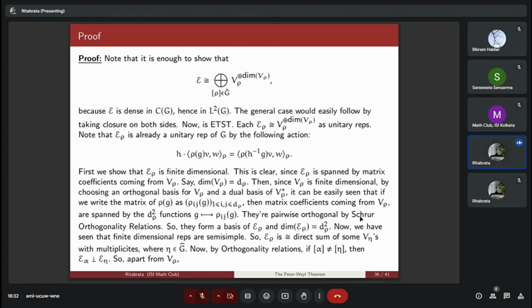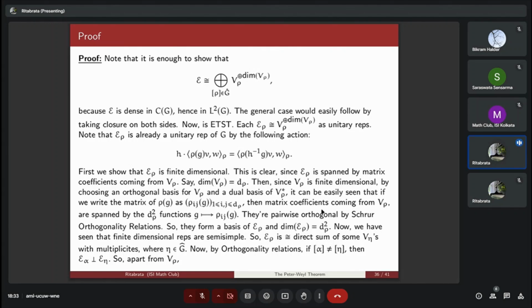We have seen that finite dimensional representations of compact groups are semi-simple. That is, η_ρ is a direct sum of simple representations. Now, by our nomenclature, all simple finite dimensional representations are indexed by some V_η for some η in G hat.